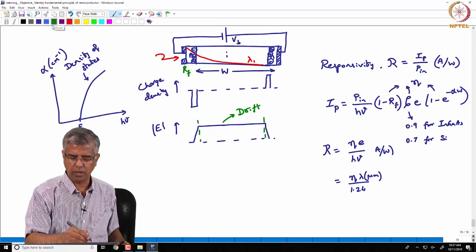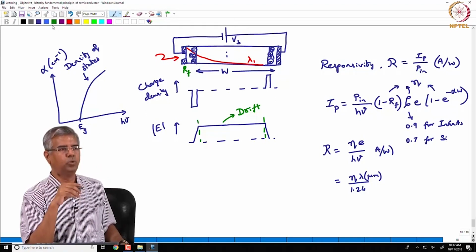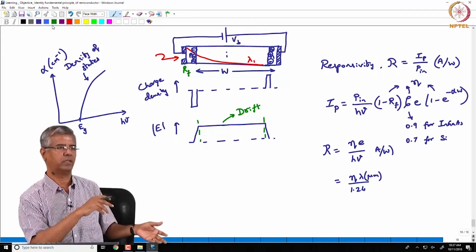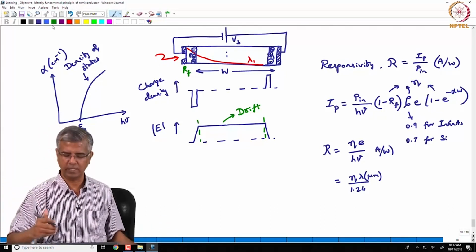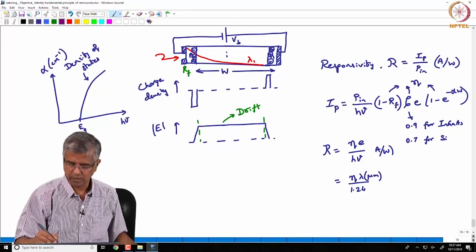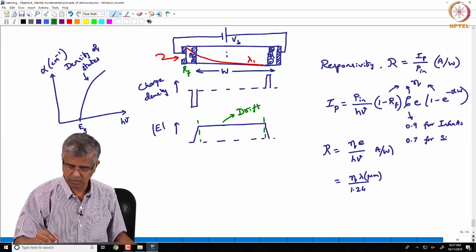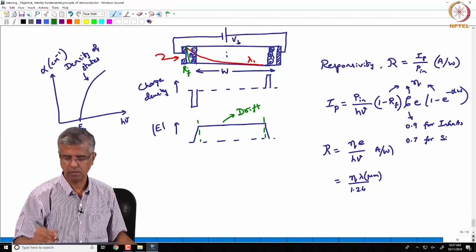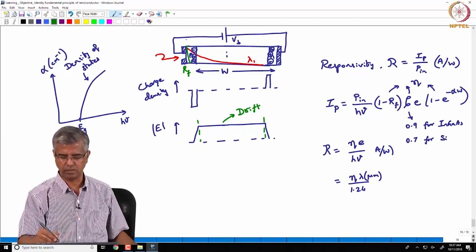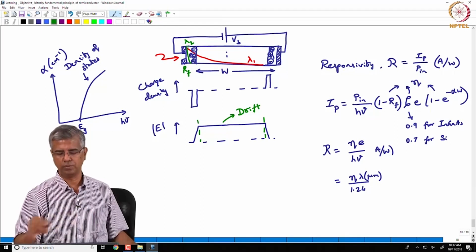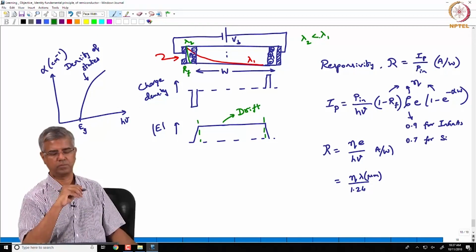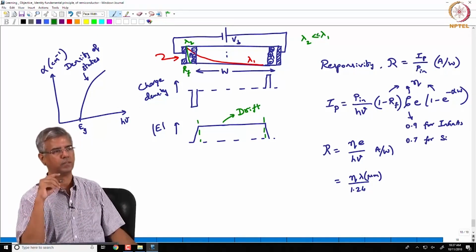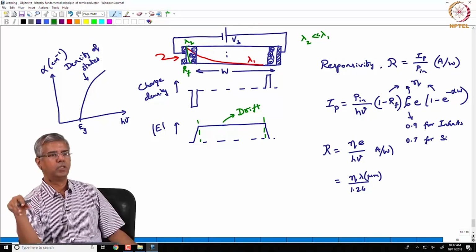Then if you have lambda 2, which is much smaller, or corresponding frequency is much higher and the energy is much higher, then all your absorption is going to happen over here. So, this is for lambda 2, where lambda 2 is much smaller than lambda 1. Do you understand this?